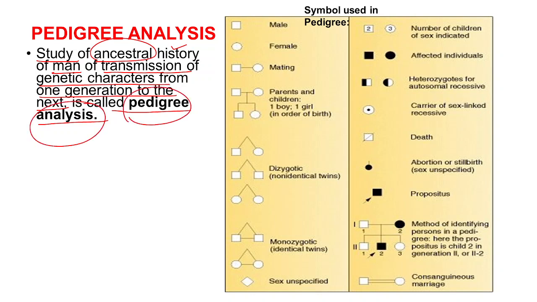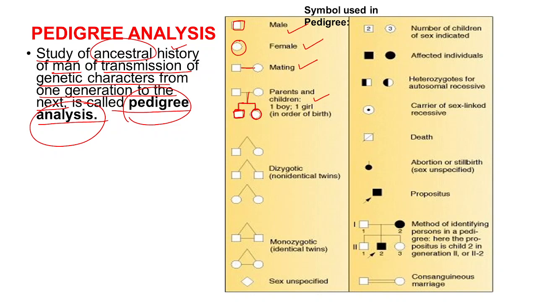And for this pedigree analysis, these are the particular symbols that you have to remember, where a square represents a normal male and a circle represents a normal female, and a connecting line between square and circle represents mating, and the branches represent the children. If a child is represented by a square, it will be a male child.